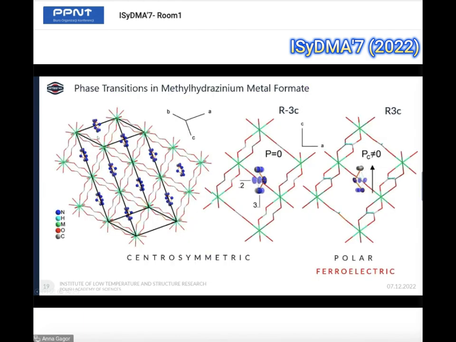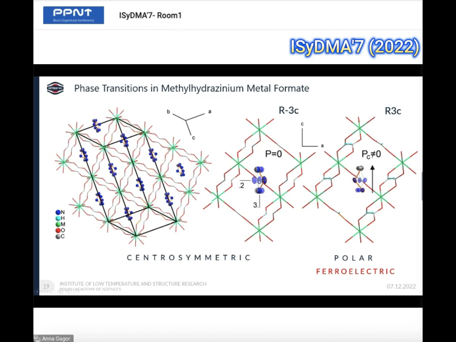So this is a characteristic crystal structure for formates. The high temperature disordered phase has a lot of orientational states available for the amine. And we can also see these perovskite cavities here. In the high temperature phase, we have huge disorder.